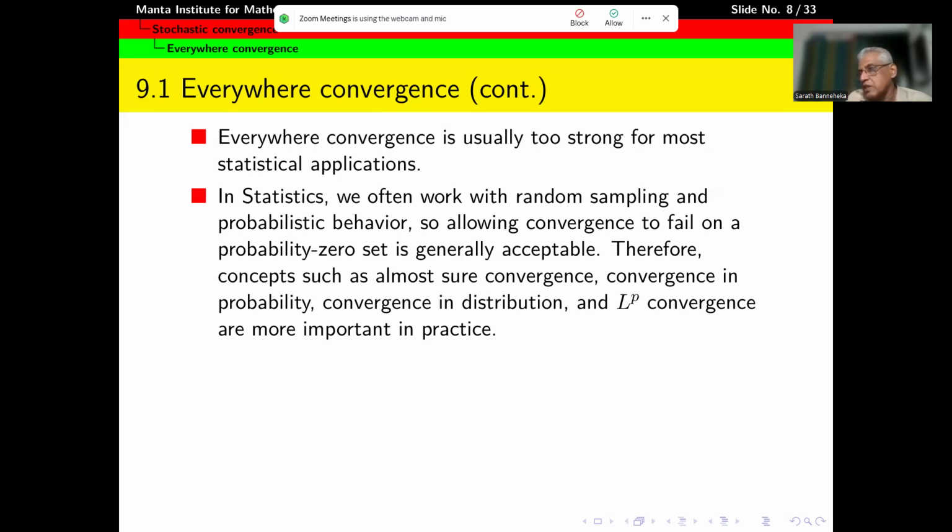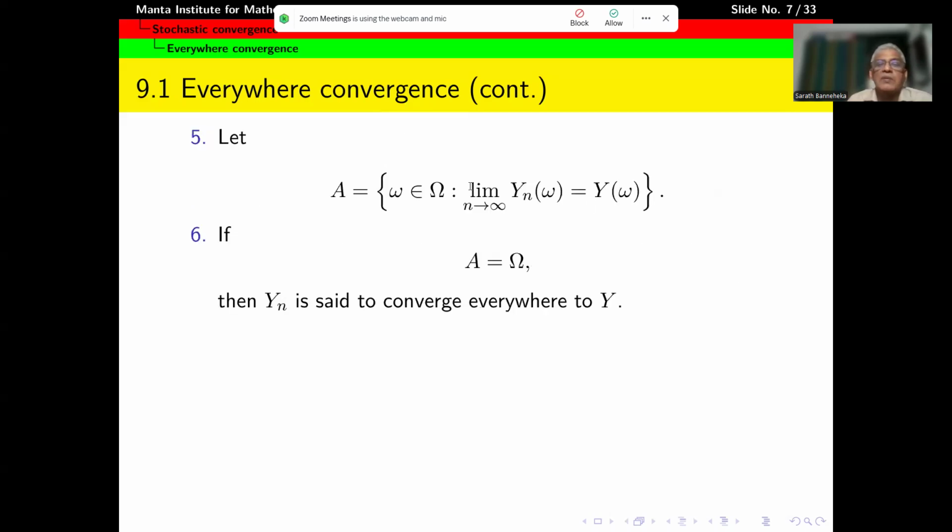So what that means is even though the previous condition doesn't happen for all omegas in capital omega, the sample space, there might be a few sample points or outcomes of simple omegas for which this condition is not satisfied. As long as the probability of that set for which the condition is not satisfied is equal to zero, we don't worry, right?